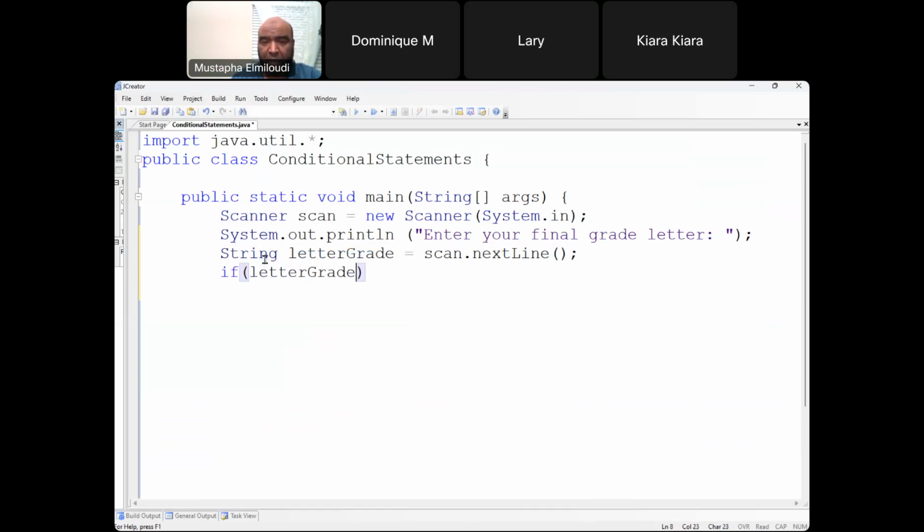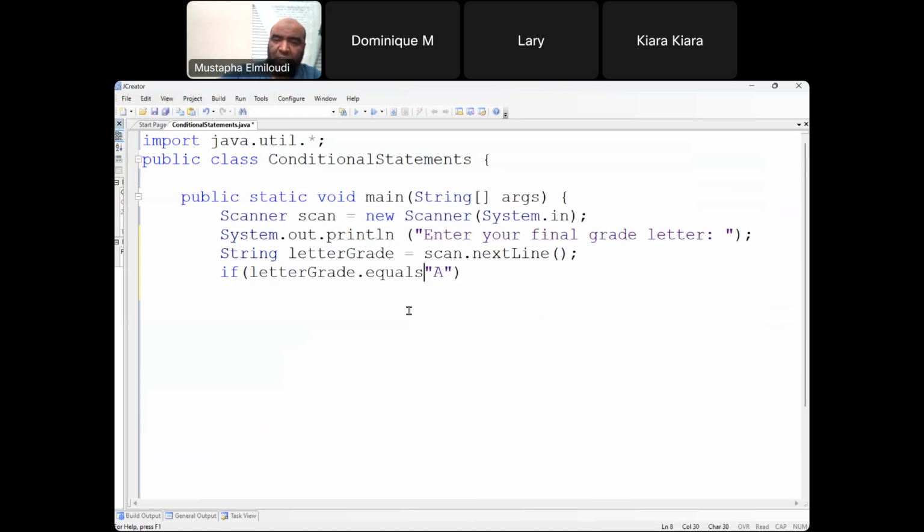Now, some people may put it like this: if it is equal to A. Now, this one is wrong. Why? Because you are using a string. When do we use the double equal sign? If you are comparing 2 integers or 2 doubles or 2 characters. Here, this is not an integer, not a double, not a character. So for a string, we use the method equals.